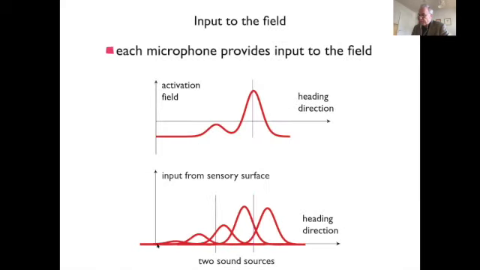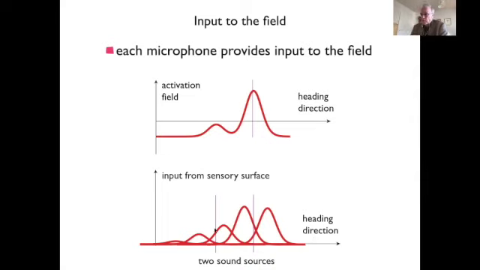Here's an example. Let's think of the robot for now as fixed, doesn't move. We've disconnected the wheels, or we put it up on a support so it doesn't turn, and so it doesn't matter. Heading direction and angle on the vehicle are the same. So in that sense, these microphones are pointing in the direction of space, or you could also think in the direction relative to the body of the vehicle.